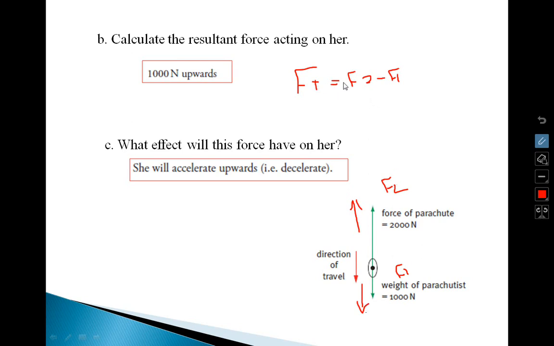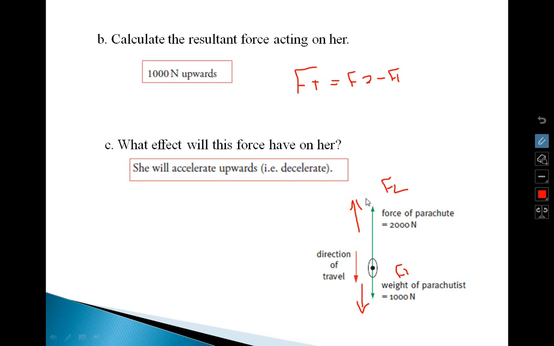So F total is in the direction of F2, because F2 is greater than F1. F2 is 2,000 and F1 is 1,000. So F total, or resultant force, is equal to F2 minus F1, 2,000 minus 1,000, which is 1,000 Newton acting upwards. The total force is acting upwards.